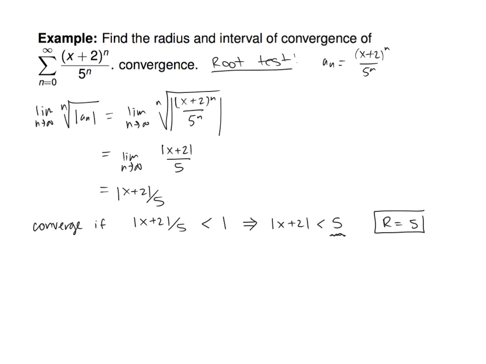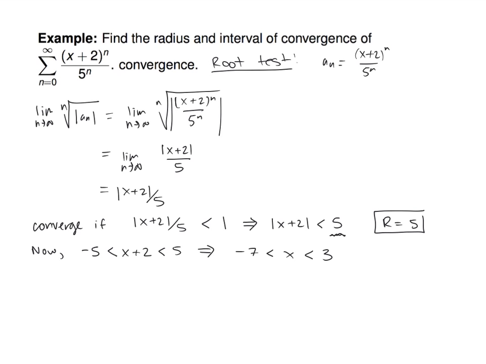By the way, where's your center? -2. Does that make sense? So now make that into an interval. The absolute value of x plus 2 being less than 5 means x plus 2 is in between what two numbers? 5 on the upper end and -5 on the lower end, which implies x is in between -7 and 3, right?